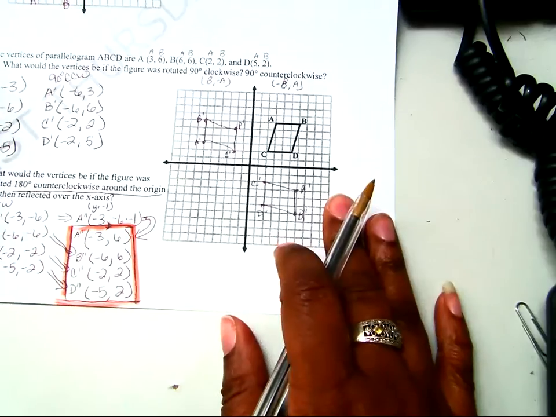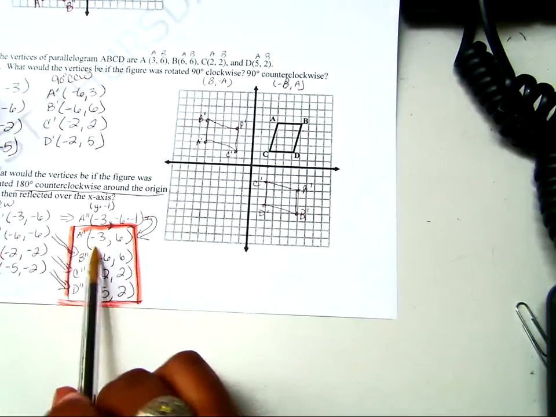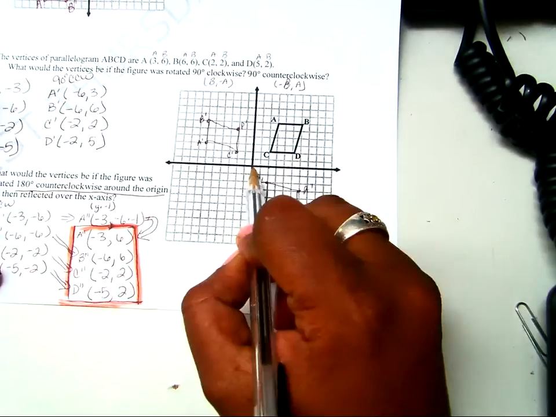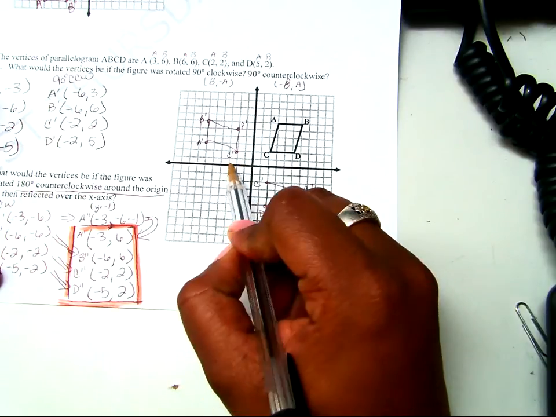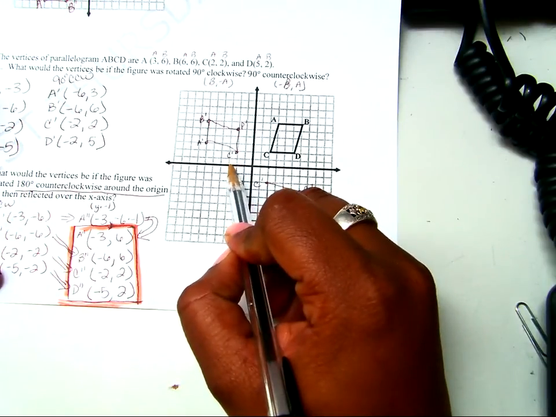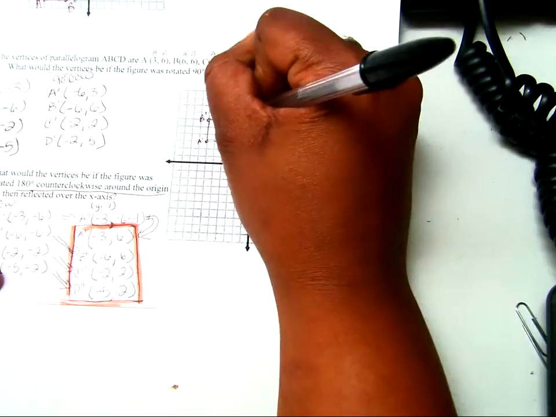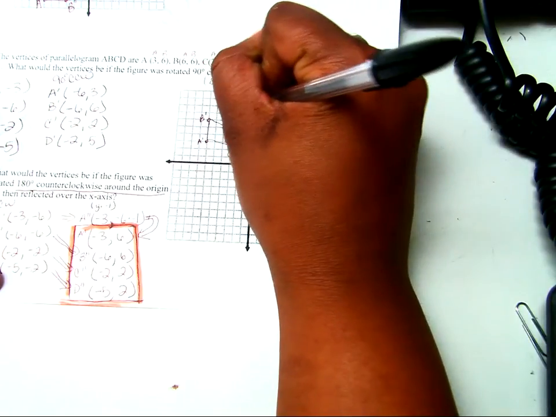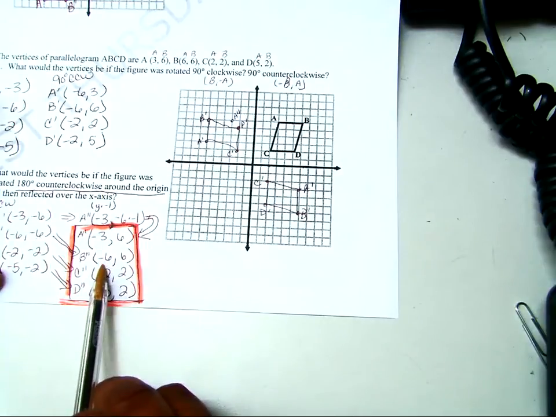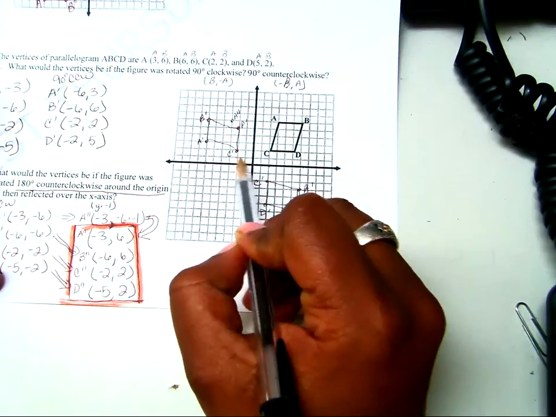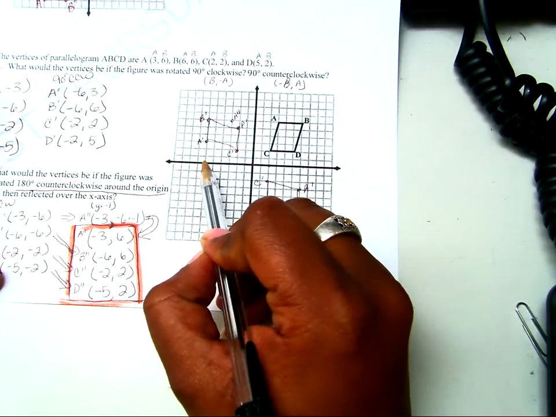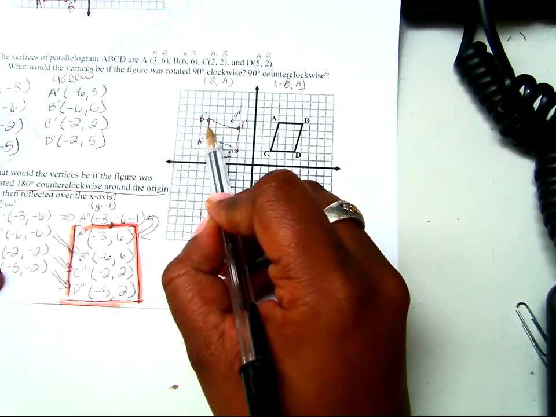Negative 3, 6. So 1, 2, 3. Negative 3 and 6, 1, 2, 3, 4, 5, 6. So this is A prime prime. Negative 6, positive 6, 1, 2, 3, 4, 5, 6. All right, so this is also B prime prime.